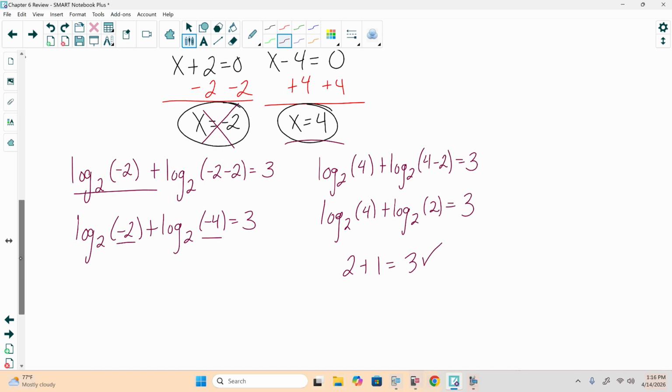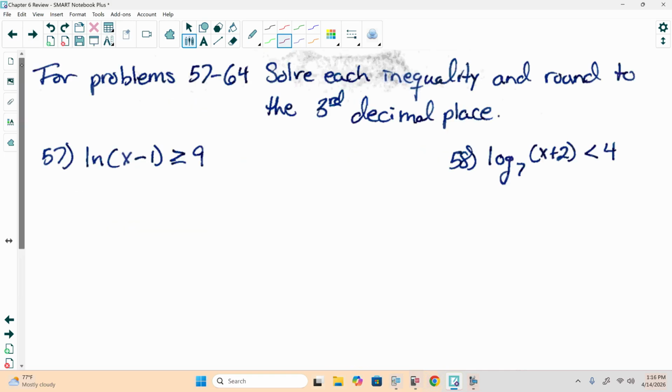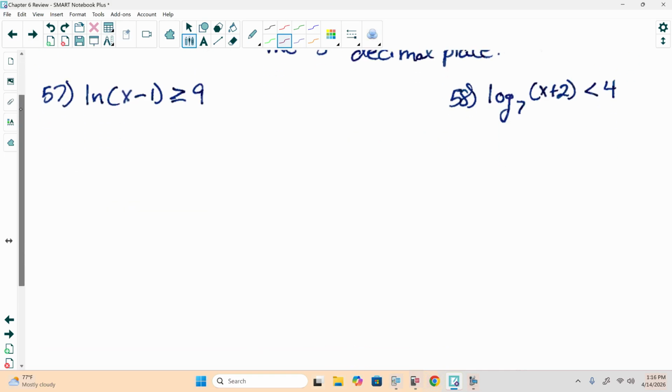We ready for the last piece of solving? Inequalities. Now, inequalities aren't any different than what we've been doing. The only main thing we have to pay attention to is if the variable starts inside of a logarithm.